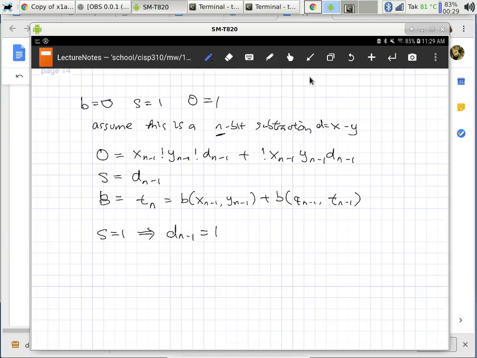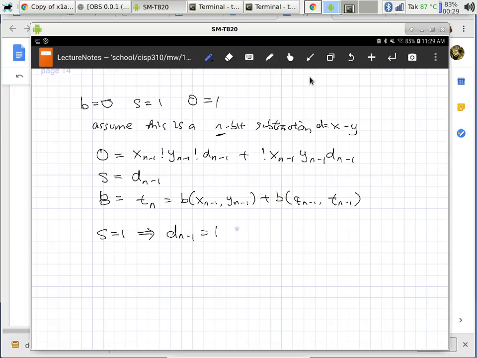So if we already know d subscript n minus 1 is a 1, that rules out the left-hand side completely. Because the left-hand side has the negation of dn minus 1. If dn minus 1 is a 1, the negation of that is going to be a 0. That zeroes out the entire left conjunction of the definition of overflow. What are we left with? The right-hand side. Okay?